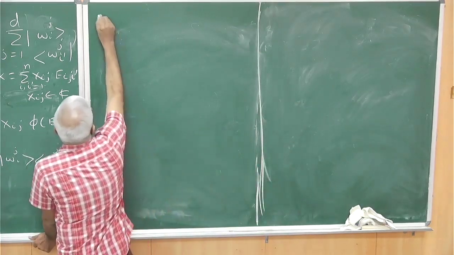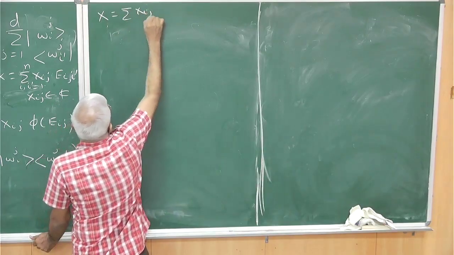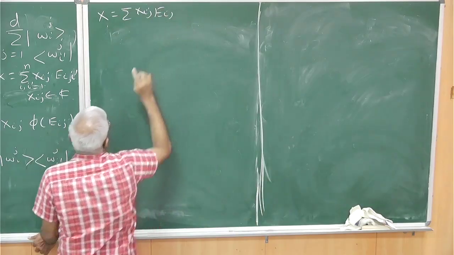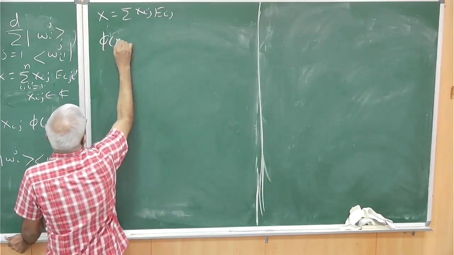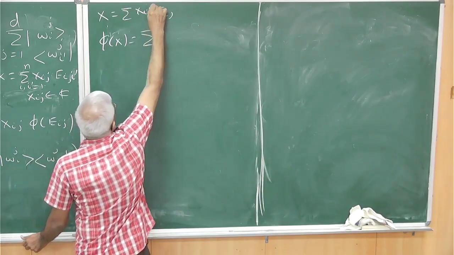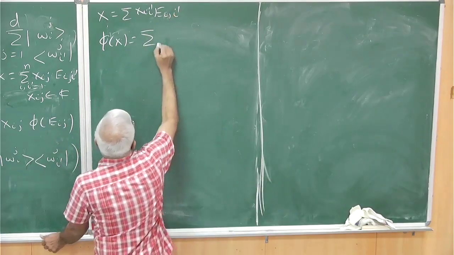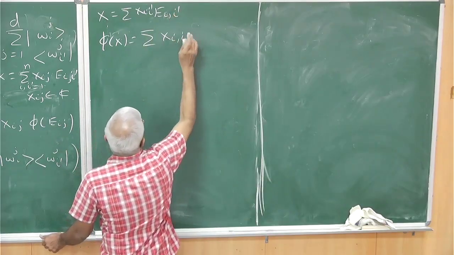What we have is, if you have any x which is equal to summation x_ij e_ij, that is how any x will look, then phi of x is equal to summation e_I prime, and any x will look like x_ij.